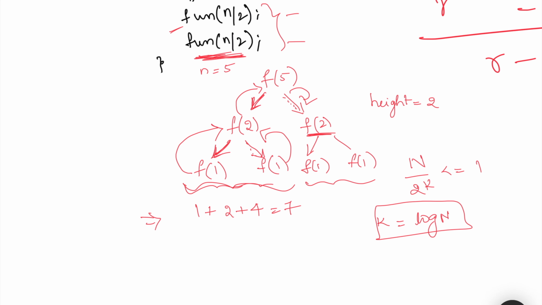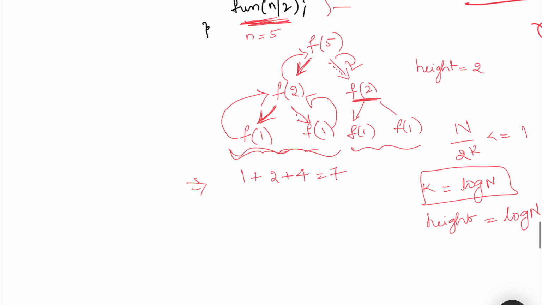That means the height of the tree is log n. Now for f of 5 we have 7 nodes. For f of 10 or whatever the input size is, the pattern would be 1 plus 2 plus 4 plus so on, up to 2 power h.